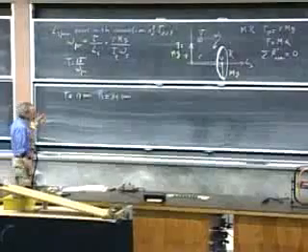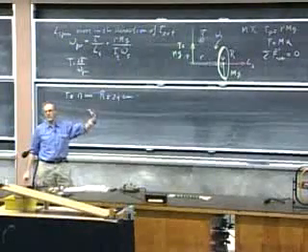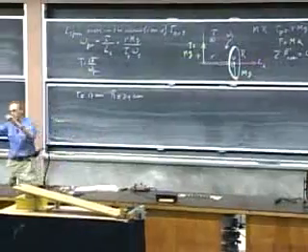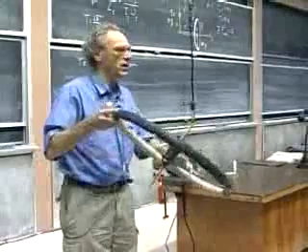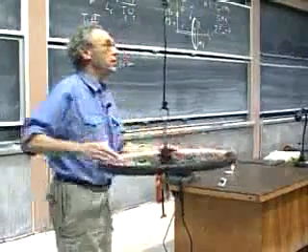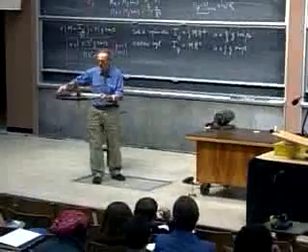Let me make the assumption that all the mass of the bicycle wheel is at the circumference, which is not very accurate, but it's close to that. There are some spokes here, but let's assume that everything is here, so then the moment of inertia is mr squared.